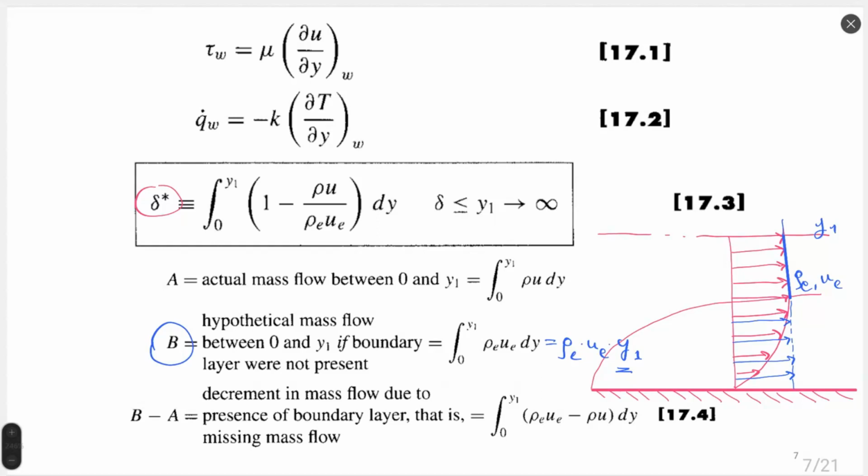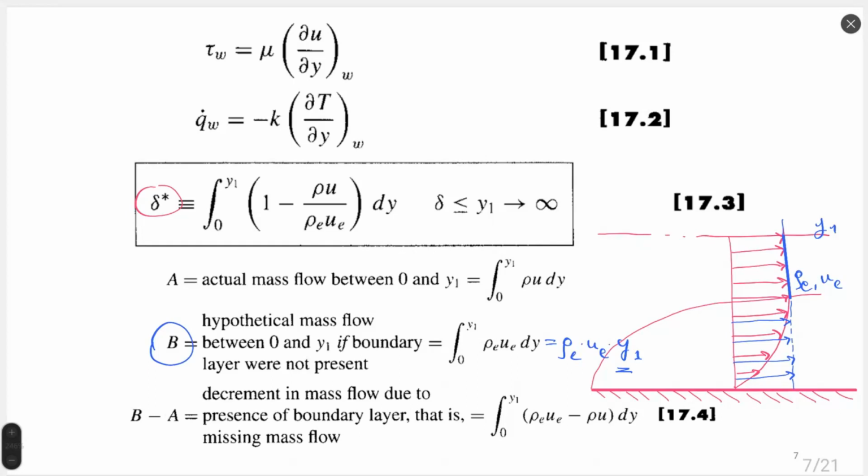For compressible flow, density will be also variable and will not be constant. So this is why we're writing rho e and ue, not just velocity by itself. This is hypothetical maximum possible mass flow rate which we would have if boundary layer does not exist.